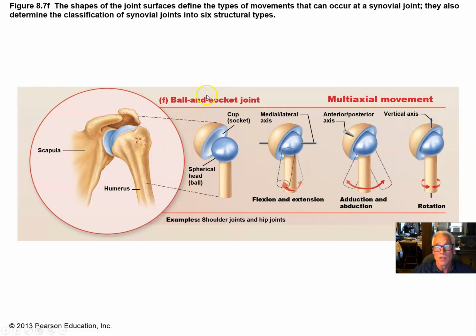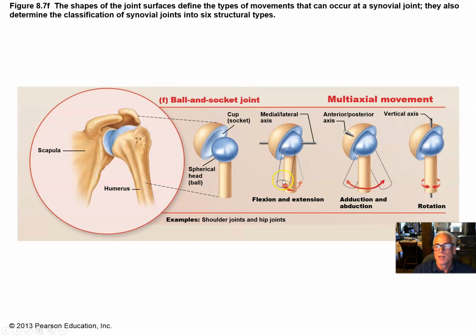Now we come to the ball and socket joint. This joint produces the most freedom of movement of all the synovial joints. And this particular example provides the most range of movement of the two ball and socket joints. Multi-axial movement.